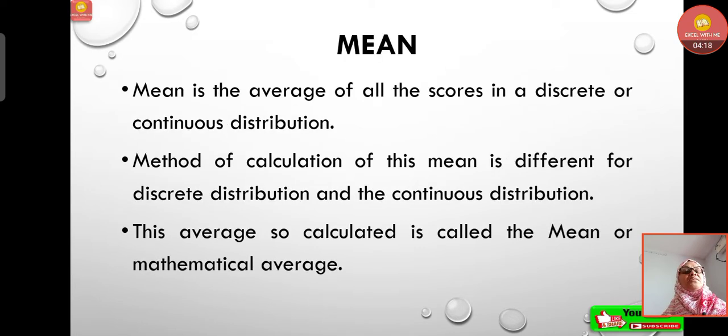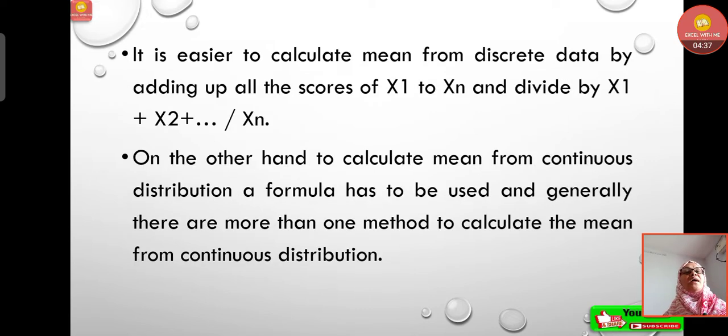Now let's see the mean. Mean is the average of all the scores in a discrete or continuous distribution. The method of calculation of this mean is different for discrete distribution and continuous distribution. This average calculated is called the mean or mathematical average.